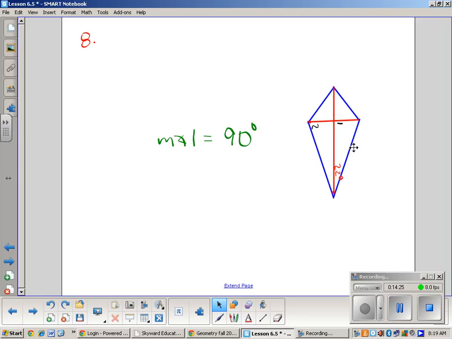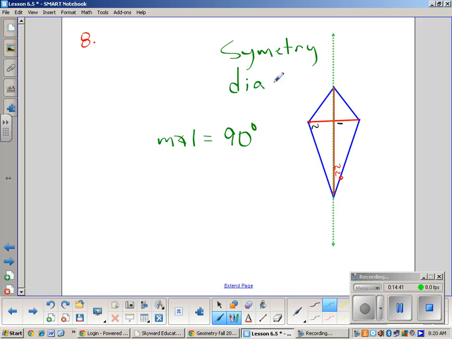Okay. This long diagonal right here is called the symmetry diagonal. Okay? The long diagonal is called the symmetry diagonal.